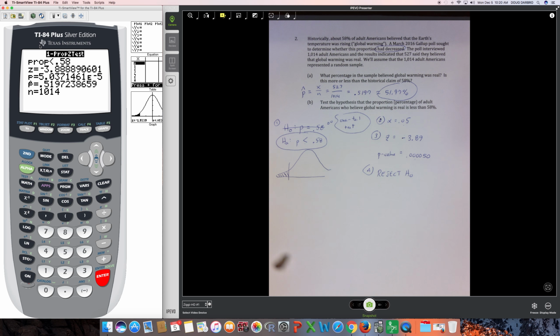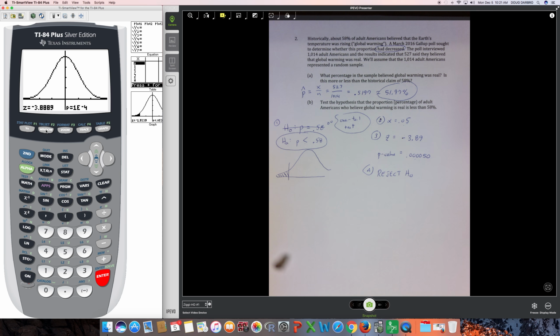So let me illustrate the calculation of the p-value. If I go over to test and go to number 5, instead of calculate at the bottom, I want to do draw to show you how the p-value will be calculated. Now this is a horrible problem because the p-value is calculated down here, but this is one standard deviation below the mean where I'm pointing, so that would be a z of -1, -2, -3, and -3.89 is way over here.